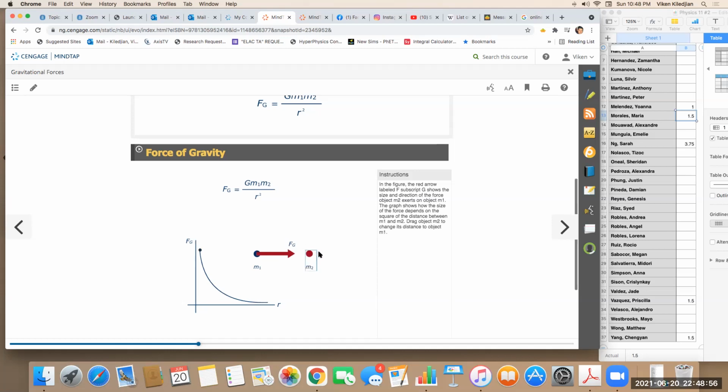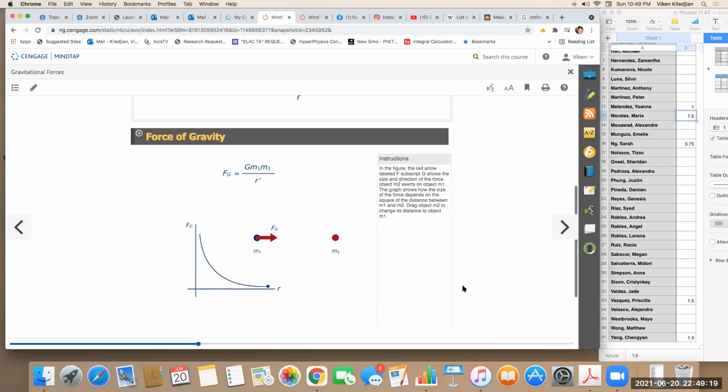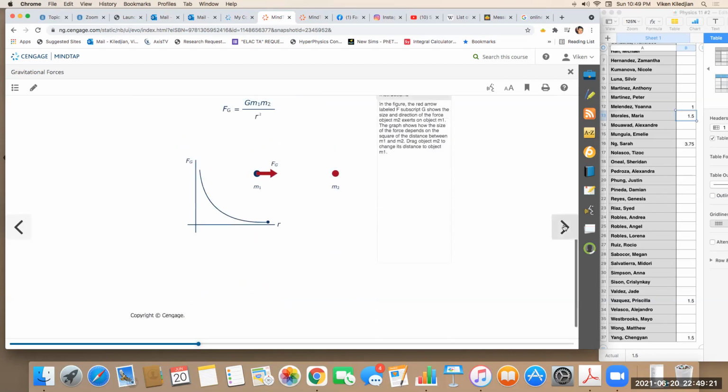If I double that distance, the force of gravity should go down by a factor of 4. If you double the distance r, imagine putting a 2 there, and then you square that, you get a 4. So the force of gravity goes all the way from some number to 1/4 of that number. So it drops drastically. Okay.